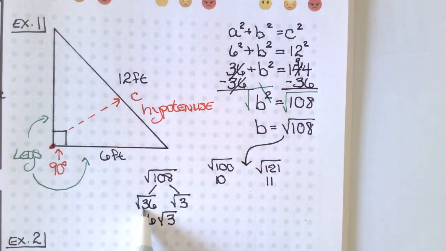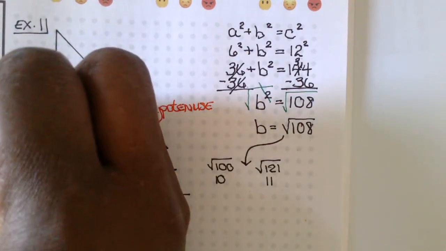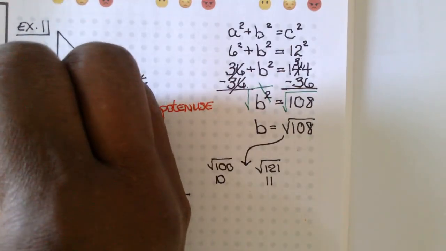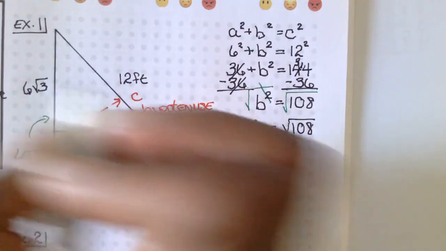So the square root of 36 gives me that whole number of 6, but that square root of 3 cannot be broken down because 3 is a prime number. So if you can't break it down, you simply bring it down. So that's telling me we found B. This side of B is 6 square root of 3 feet.